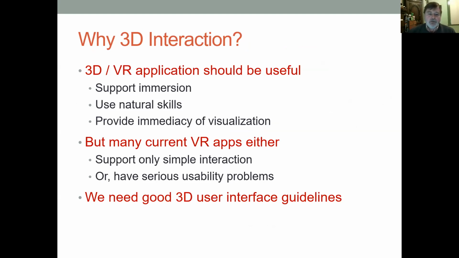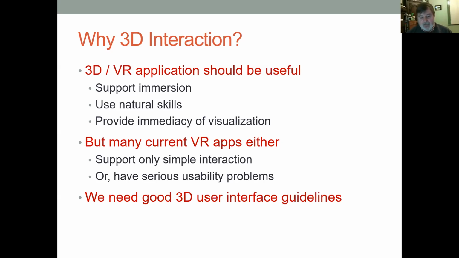So why do we want to do this? Well, we have to support the immersion of virtual reality. We want to leverage how people naturally interact, because the vision that we have of VR as Ready Player One, where people just get in and interact with the system, is what we want, but we're a ways away from that. Today we can only really do very simple things, and the current VR and AR interfaces are actually quite primitive.